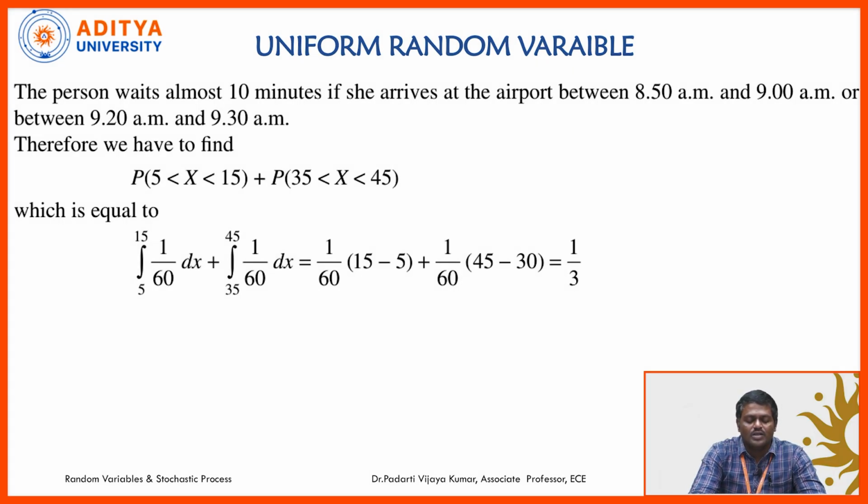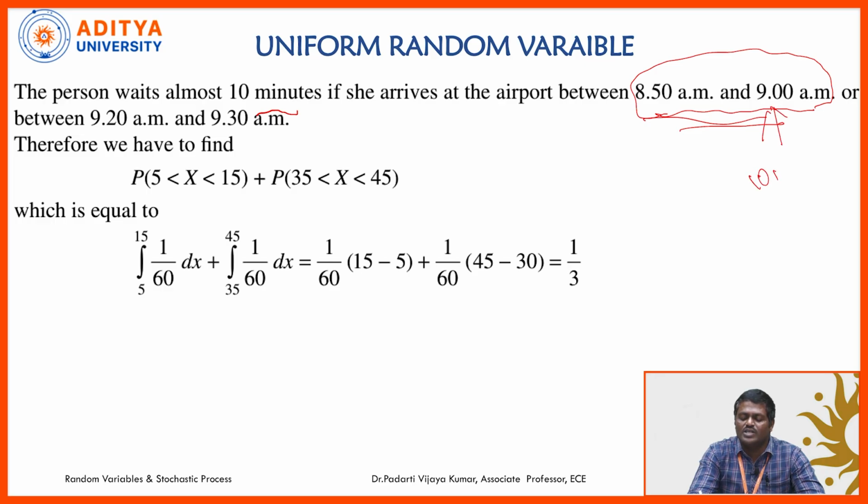Now he will wait at most 10 minutes when he arrives from 8:50 up to 9 a.m. He needs to stay in the airport to catch the flight. So when he arrives over this time interval, then he needs to wait at most 10 minutes. Another scenario can also happen.